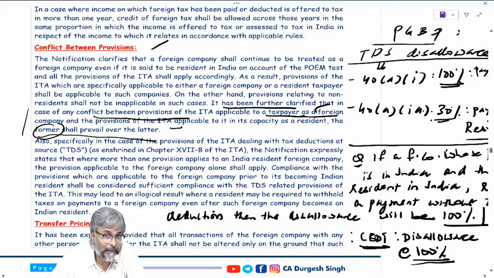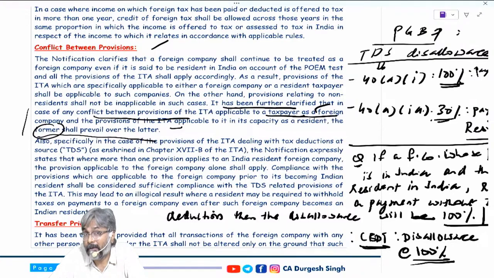Surcharge applicability: 50 lakhs to 1 crore, how much is the rate of surcharge? 10%. 1 crore to 2 crores total income, it would be 15%. Above 2 crores, 25%.